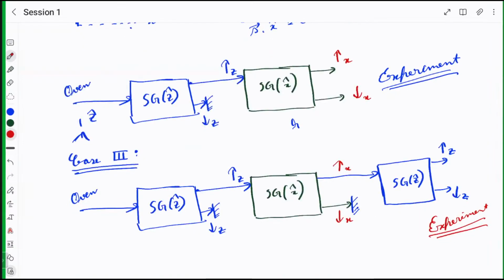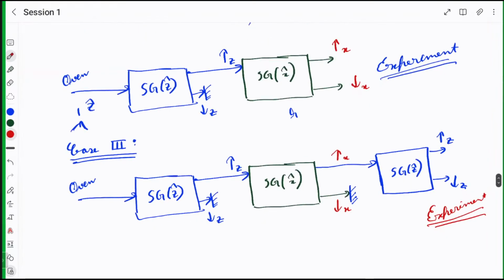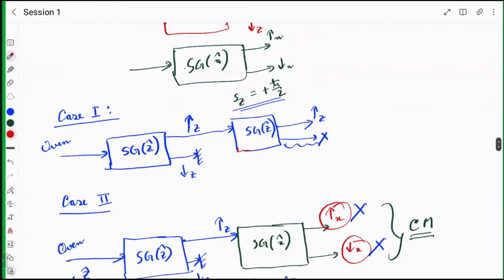But this example illustrates something even more fundamental. In the first case, what did we have? We had two Stern-Gerlach apparatus, both oriented in the same direction. After the first Stern-Gerlach we had just up z, and then we put another Stern-Gerlach apparatus.